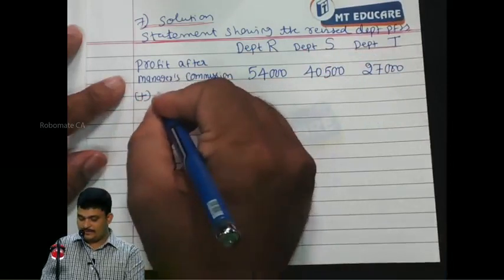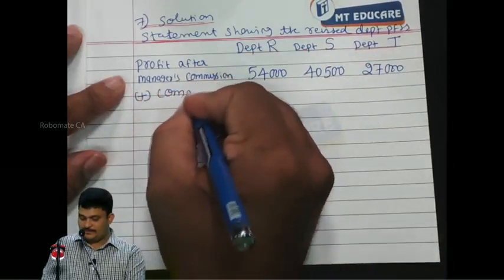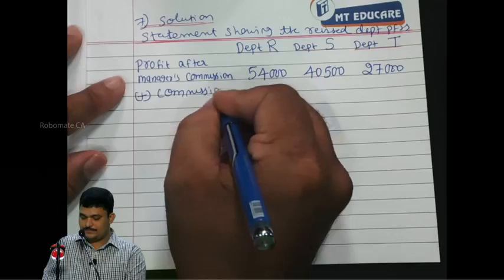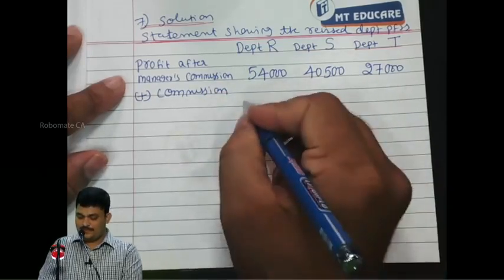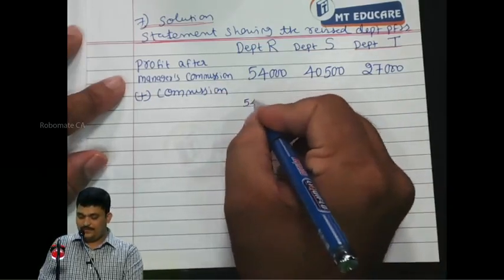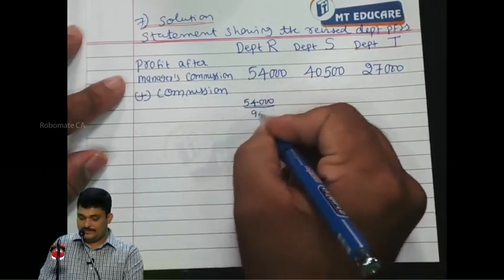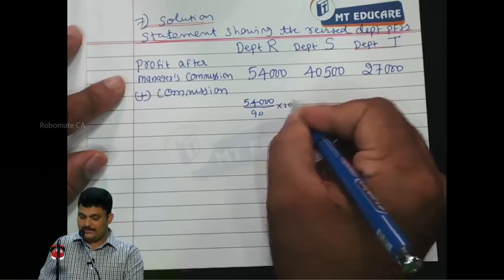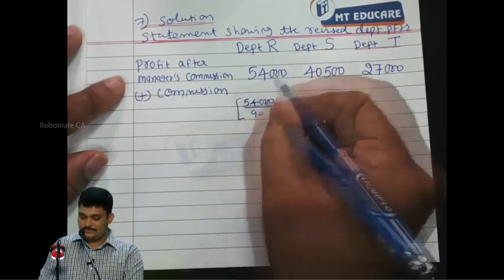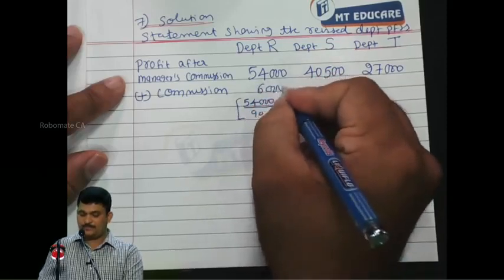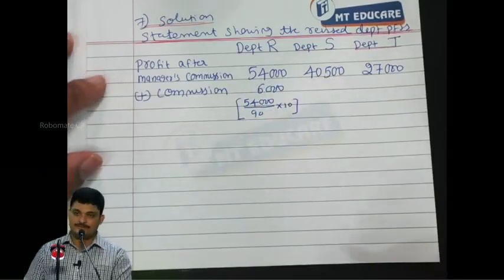Add back commission, which is 54,000 by 90 into 10. I hope you are understanding the computation.